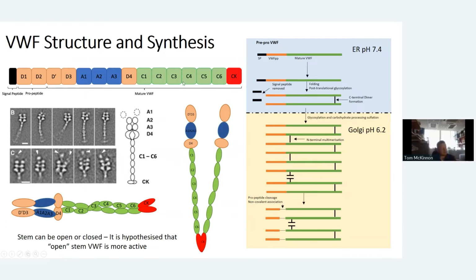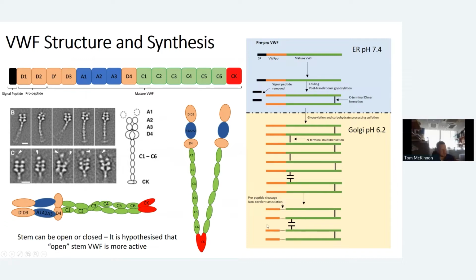And multimerization involves disulfide bridges formed between adjacent D' and D3 domains, but it also involves the propeptide, and the propeptide is essential for the multimerization process to occur. Once the multimer is fully formed, the propeptide is cleaved off and remains non-covalently attached to VWF, and then the protein is either directed for storage within Weibel-Palade bodies in the endothelial cells or is released into the vascular system.